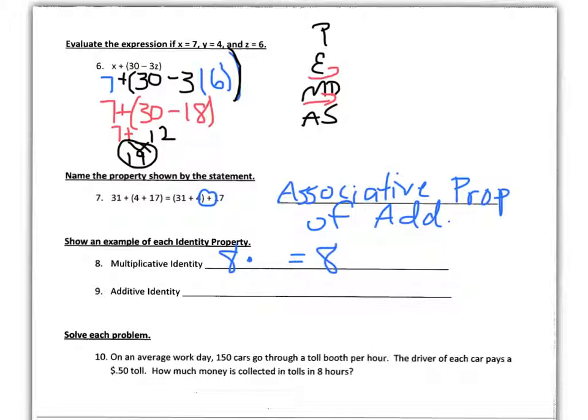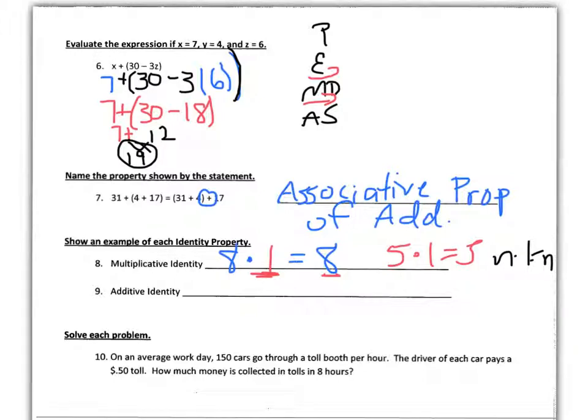Okay, well with multiplication, if I multiplied it by 0, that would come out as 0. So I don't want to do that. But I do know if I multiplied 8 times 1, I still could get 8. So that is the multiplicative identity. It's just whenever I multiply something by 1, I get that same number. So we could also write 5 times 1 equals 5, or we could get fancy and say n times 1 equals n. Okay, that shows the multiplicative identity.